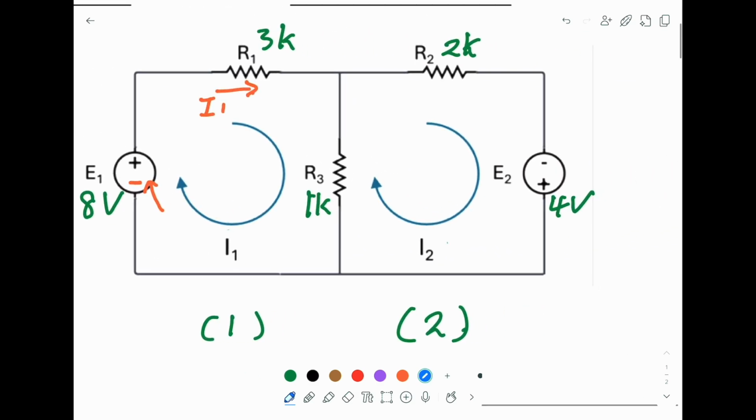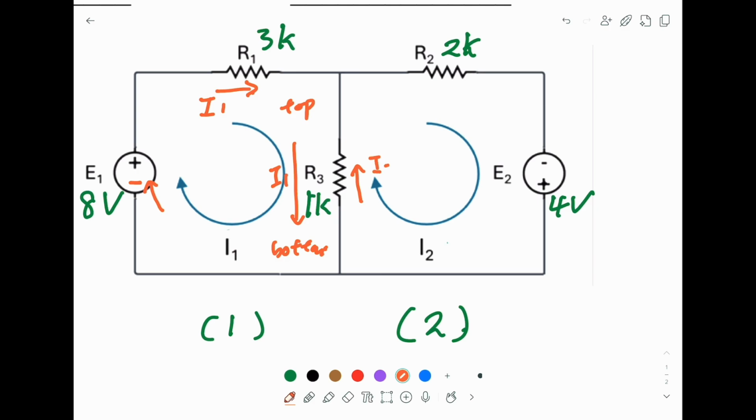Next is the current passing through R3. Here, R3 on your left-hand side goes from top to bottom, and this is I1, but R3 is shared with the other loop, loop 2. In loop 2, I2 goes up on the right-hand side.